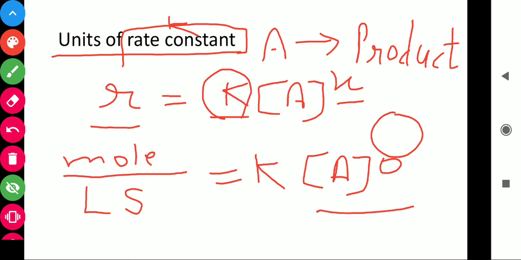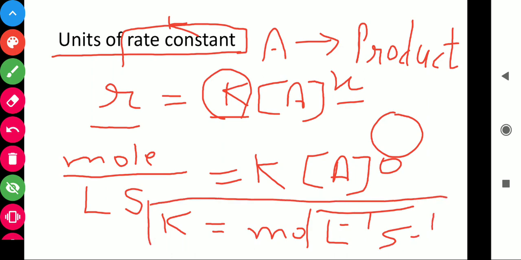The power is 0, so the value will be 1. And what will be the unit of K here? Mole liter inverse, second inverse. This is the unit of rate constant for a zero order reaction.